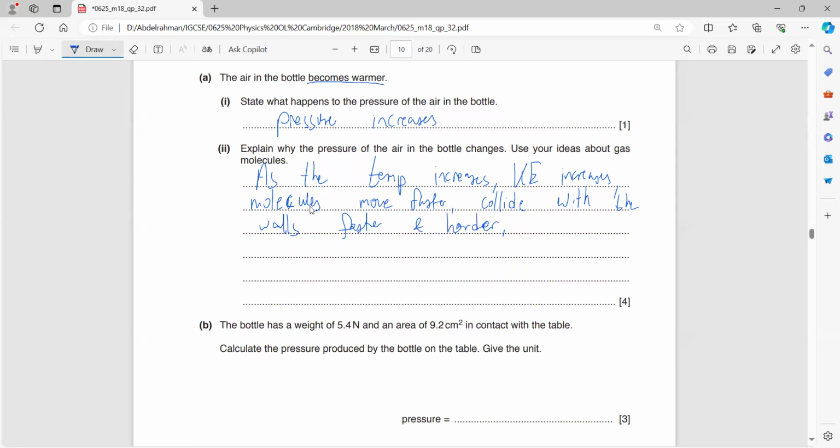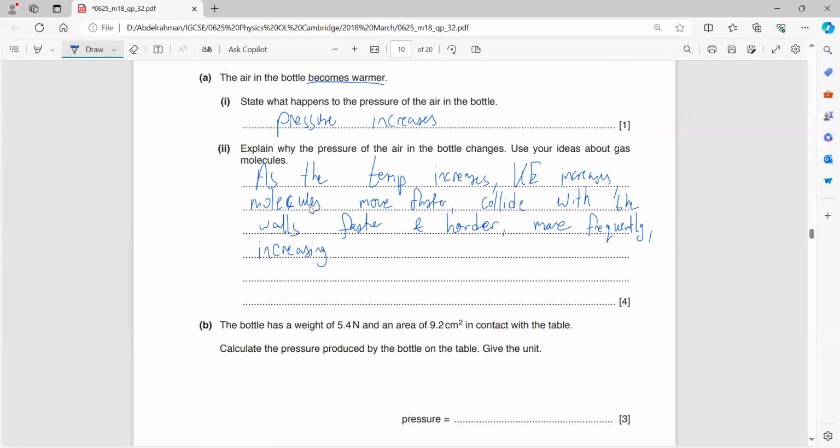And sometimes you can say and more frequently. When they collide faster and harder more frequently, they increase the force and they increase the pressure.